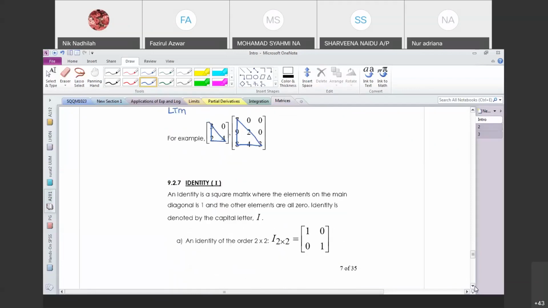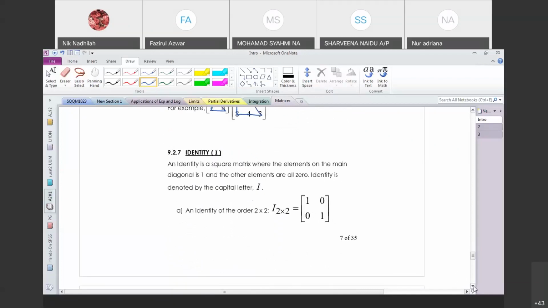Okay, this is also the identity matrix. The identity matrix must also be a square matrix. You can never have 3 by 2. Okay, this is not possible for an identity matrix.